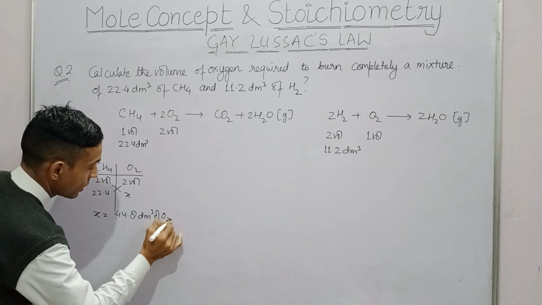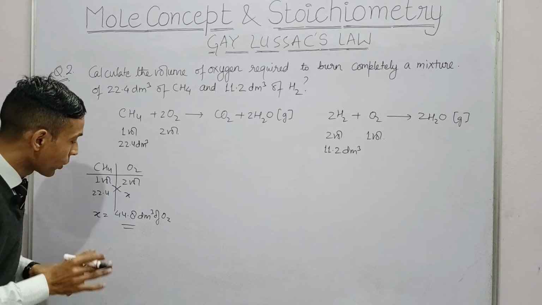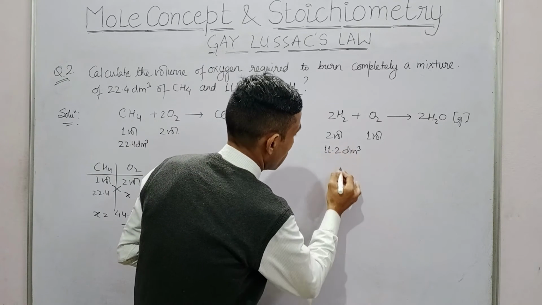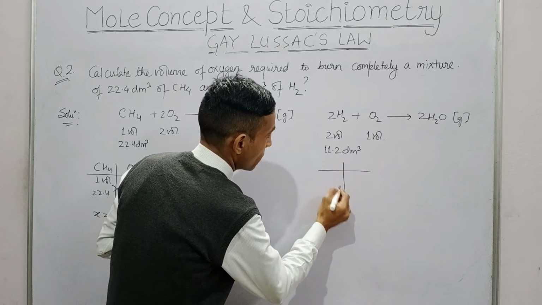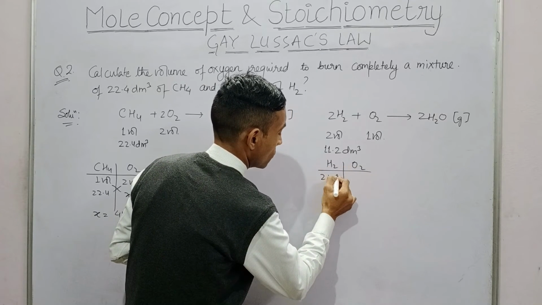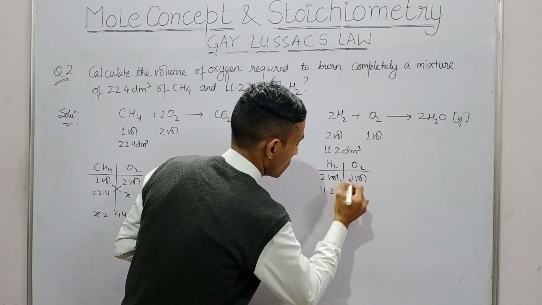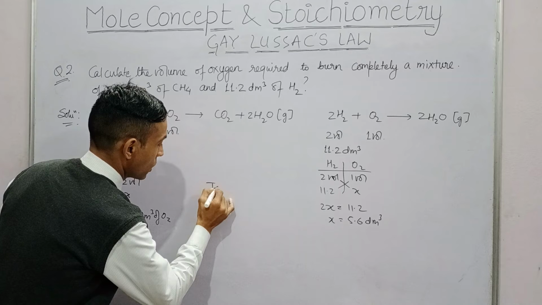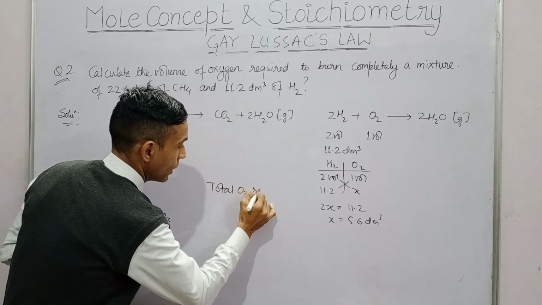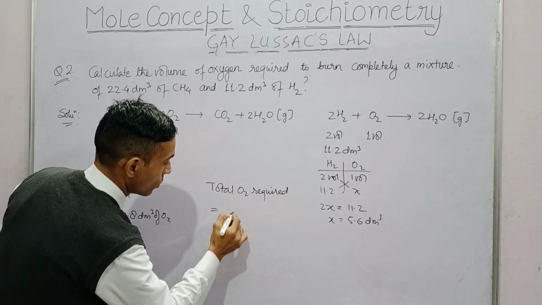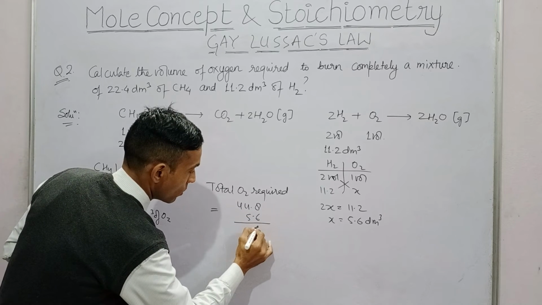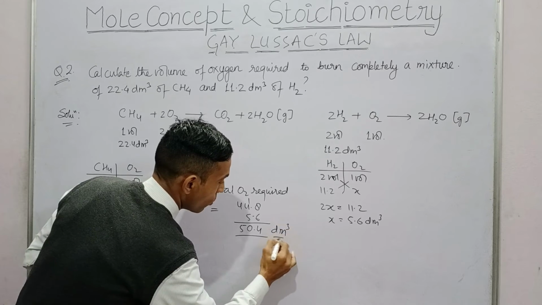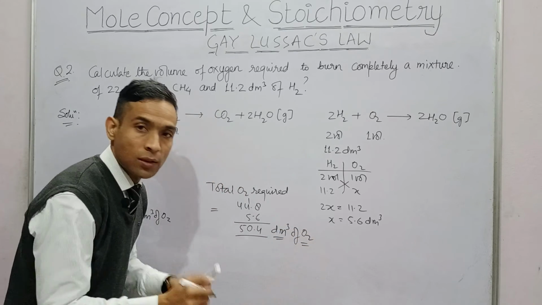So here in this methane reaction 44.8 decimeter cube of oxygen is used or required. Now let's apply this in the hydrogen reaction. So total O2 required is equal to 50.4 decimeter cube of oxygen. This is our answer.